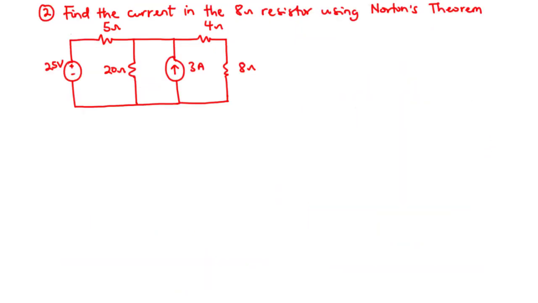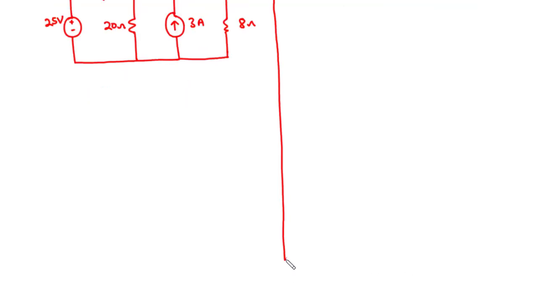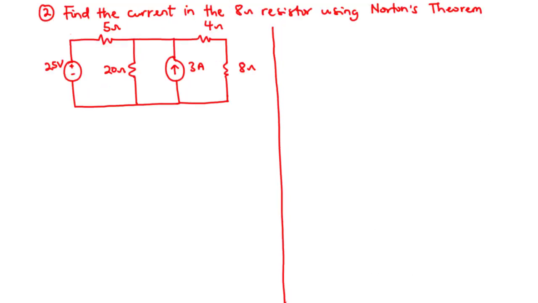So for question 2, we are going to find the current in the 8 ohms resistor using Norton's theorem. So we are going to find the current through this resistor using Norton's theorem. Now for this particular example, we are going to combine Norton's theorem and superposition theorem.